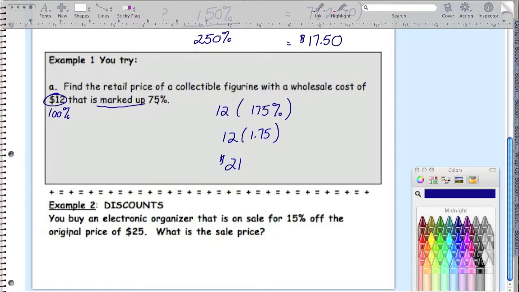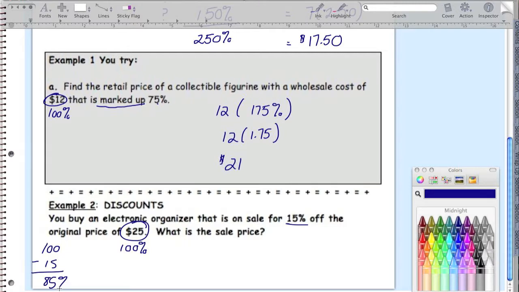Now with discounts, you buy an electronic organizer, it's on sale for 15% off of the original price of $25. What is the sale price? Now here it's not a markup, it's a discount. So what we're going to do is start with the original percentage. $25 is really 100% of itself. Now we're going to take 15% off of that. So really we're doing 100 minus 15.